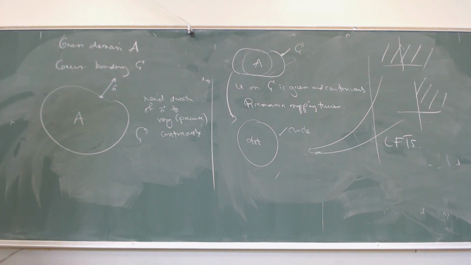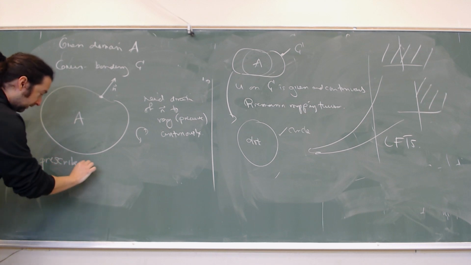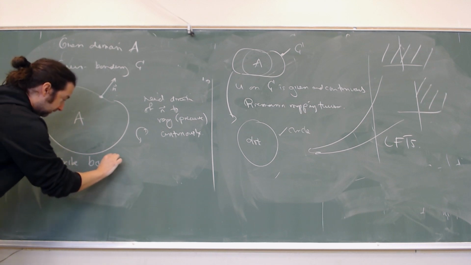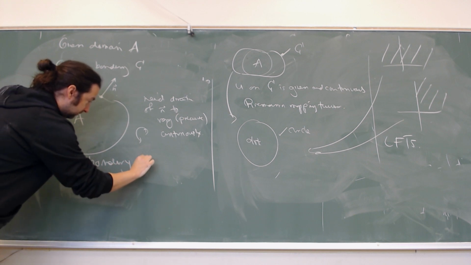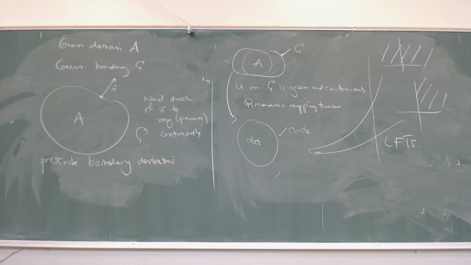Okay, and so what I'm looking for now is I want to prescribe the boundary derivatives, in the sense that I want to give you a function that describes the magnitude of the interior function in those directions.